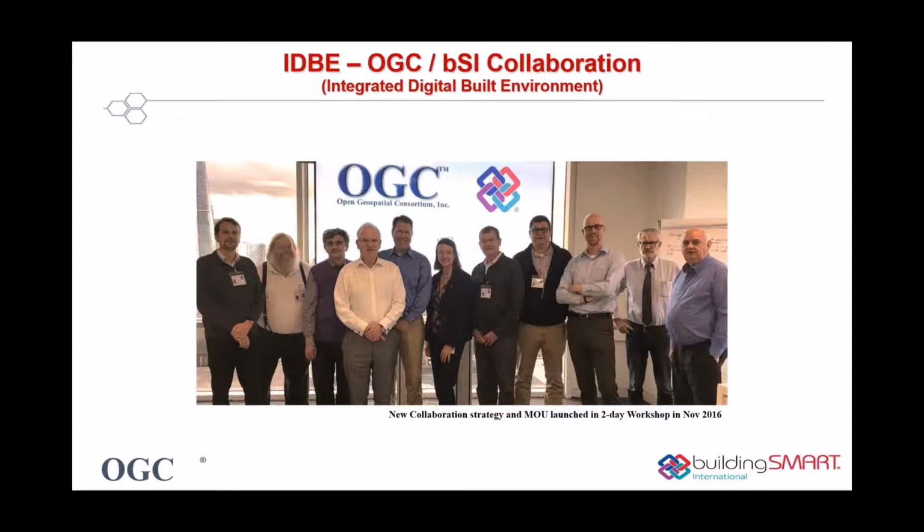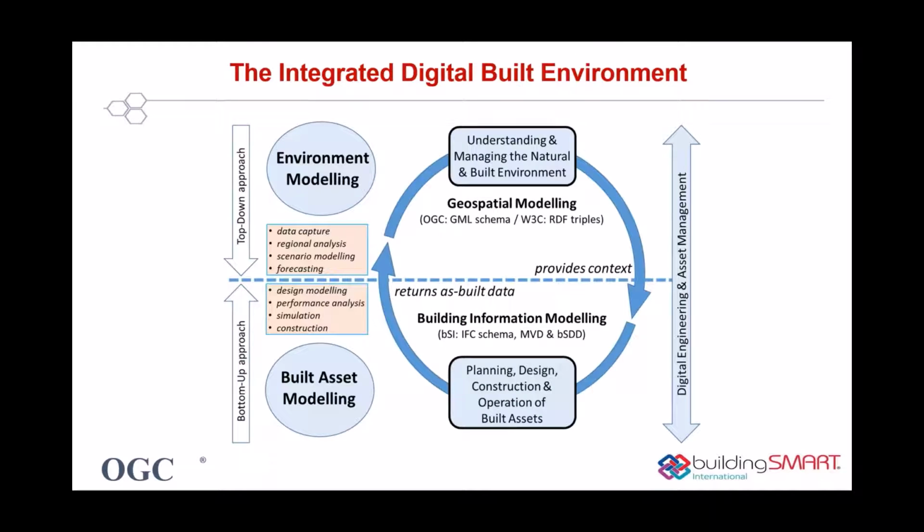This really relates to some of the initiatives that some of you may have already been involved with, which is a collaboration between the Open Geospatial Consortium and buildingSMART International, where we've been looking at how we can work together to facilitate an integrated digital built environment and that wider interoperability piece. There have been some papers coming out on that, which I would urge you to have a look at if you haven't already.